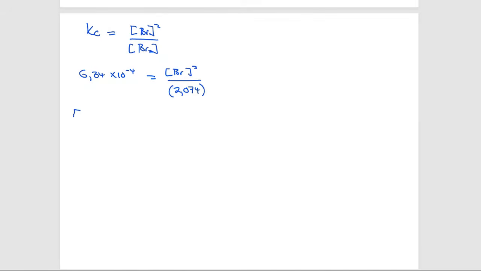We're supposed to cross multiply to get the concentration of Br. So I'm going to say Br squared equals 2,074 multiplied by 6,34 times 10 exponent negative 4, and we get a value of 0,0113. That's what we get if we cross multiply there.